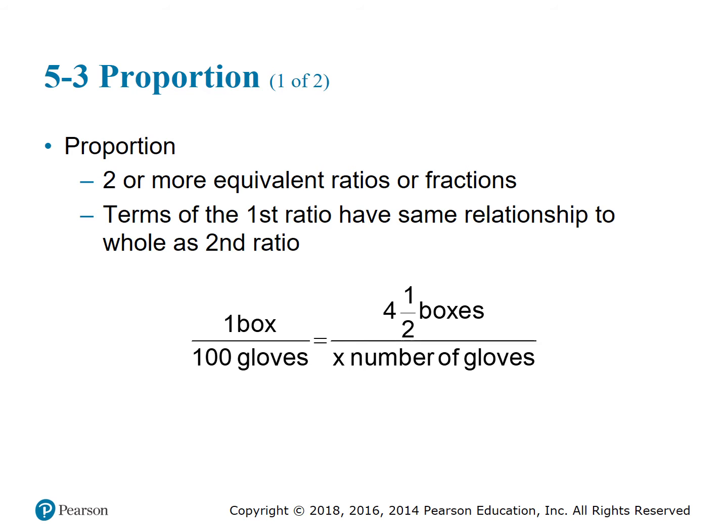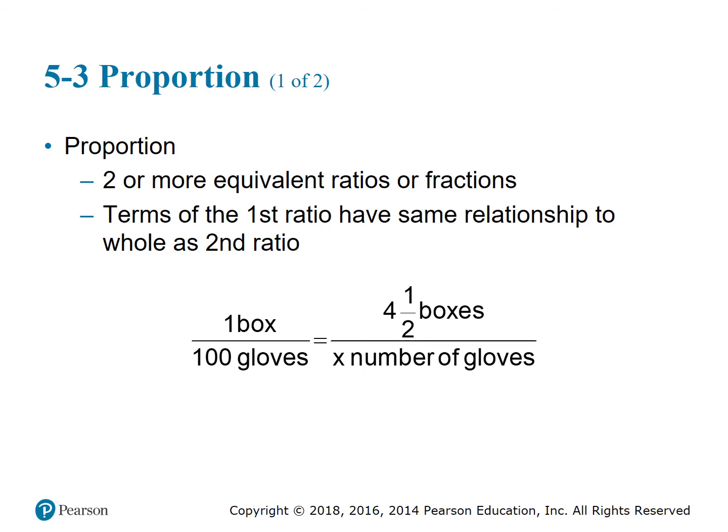This is where it really comes in handy to write out the units, the terms, the items, whatever it is, so that you can set this up appropriately. Because if it isn't set up in this way, then you're going to get an incorrect answer. So boxes in this example need to be across from boxes on the other side of the equal sign, and gloves need to be across from gloves. Labeling is really important when we are setting up a proportion.